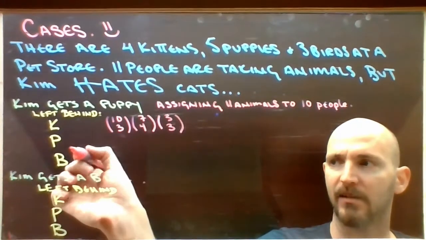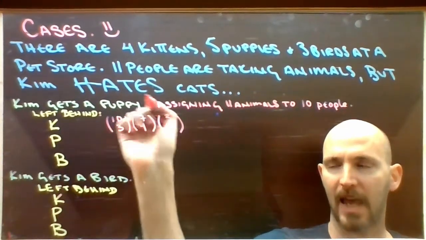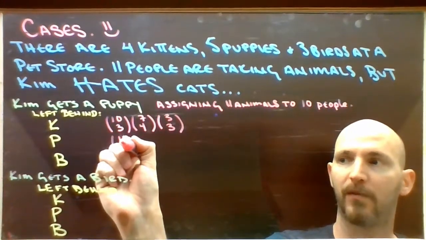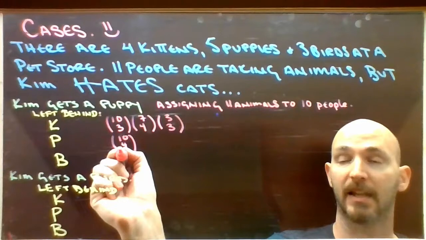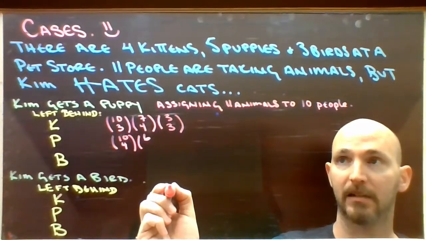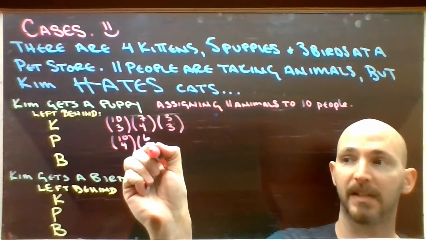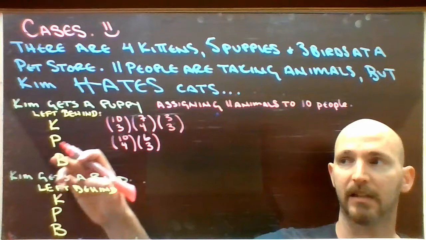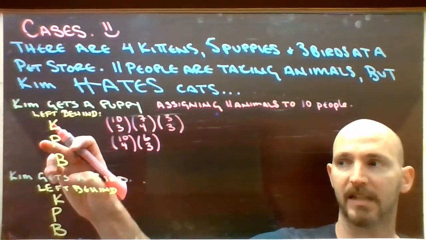In this case, where a puppy is left behind and Kim has taken a puppy, there are 4 kittens for those first 10 kids to choose from. The 6 that remain only have 3 puppies left to choose from, right? The puppy that Kim took is gone, and this one is left behind.